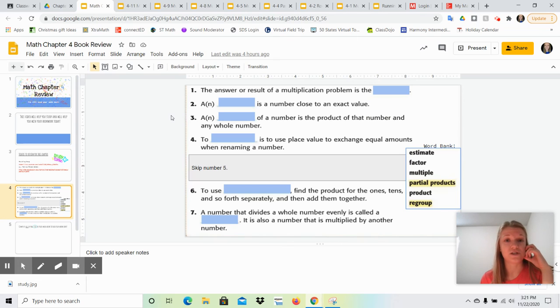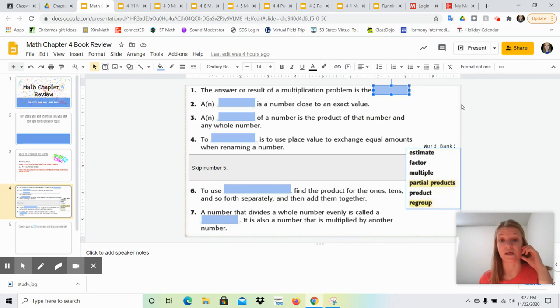It kind of changes throughout the grade levels. The one we skipped is distributive property, and learning it the way that it's taught in 4th grade will make it more confusing in the future. So we've decided to just skip over that altogether, and you'll just learn that process later on. The ones that we do have here are estimate, factor, multiple, partial products, product, and regroup.